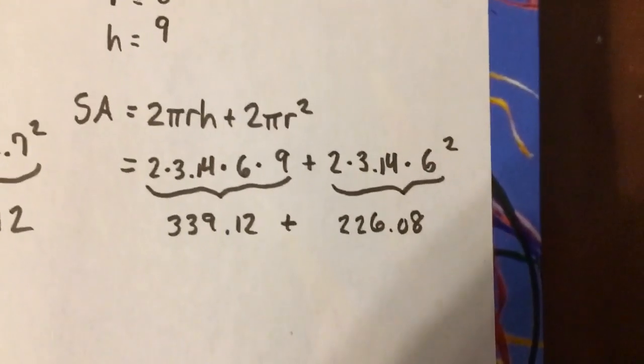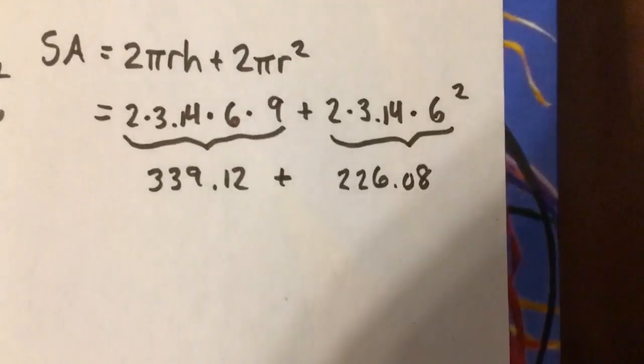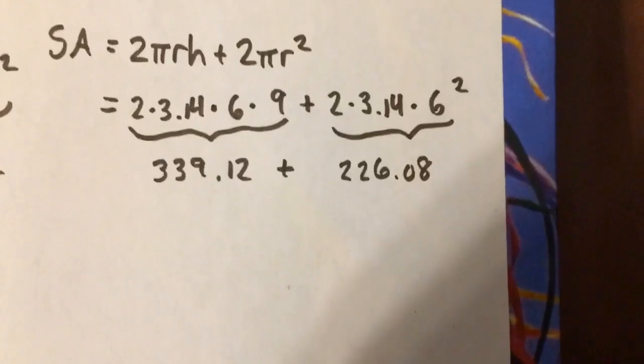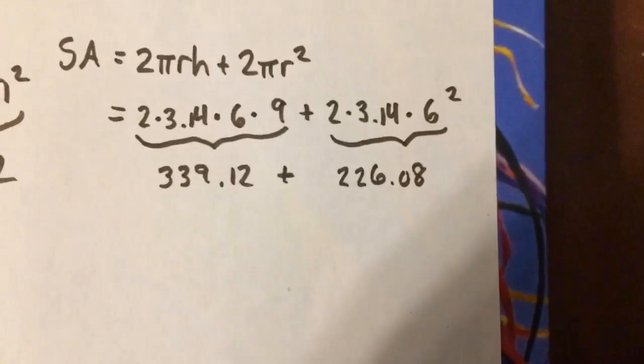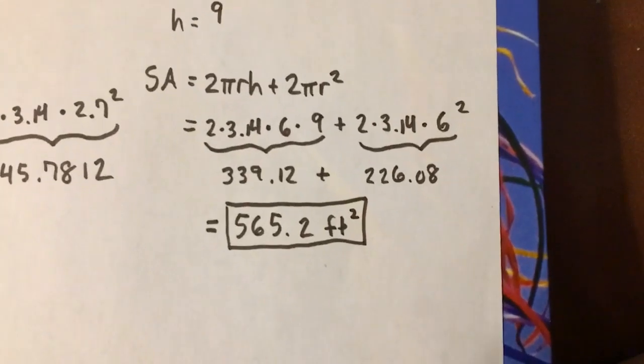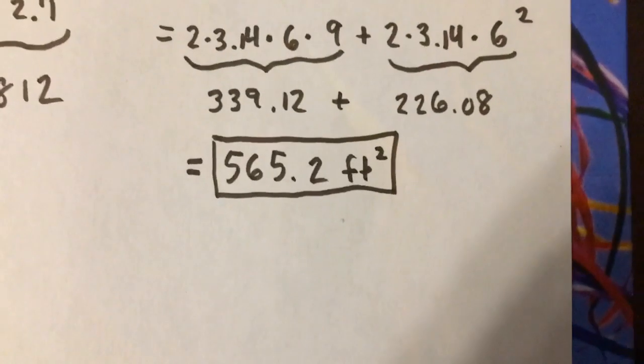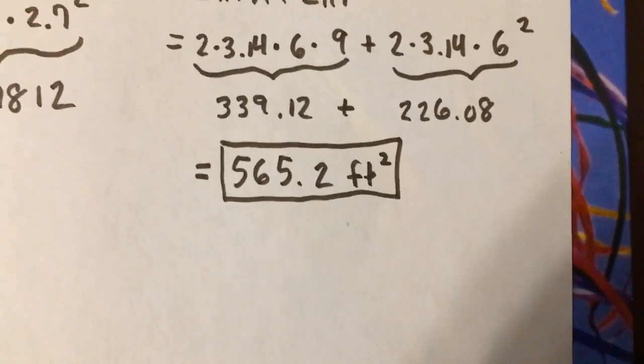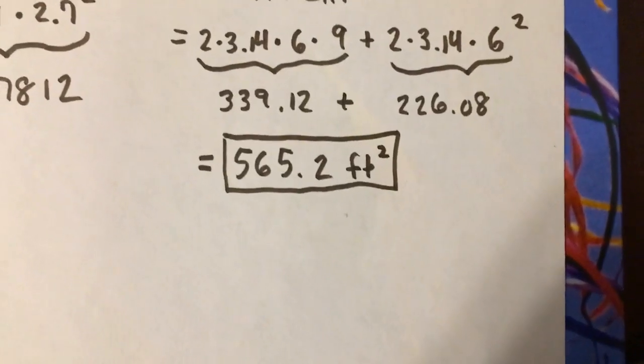After we multiply our values together, we get these following decimal numbers. Now the next step will be to add these two values together. If you add the numbers together correctly, you get a final answer of 565.2 square feet.